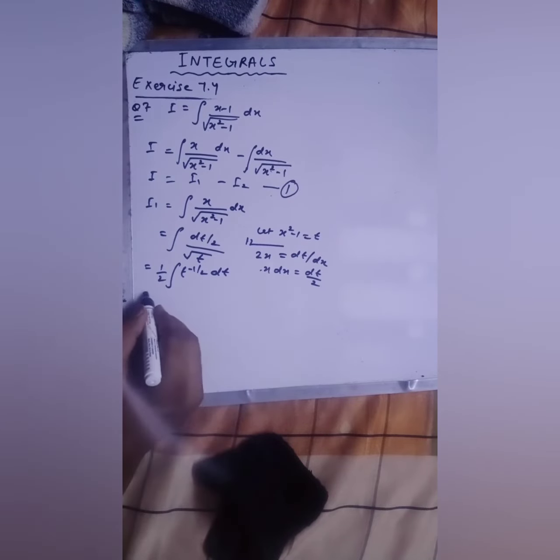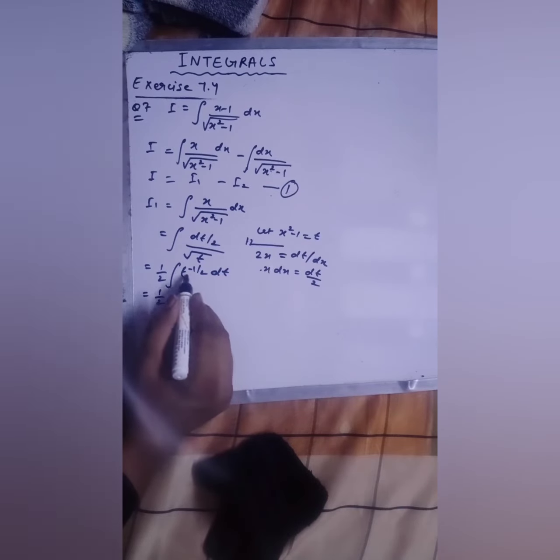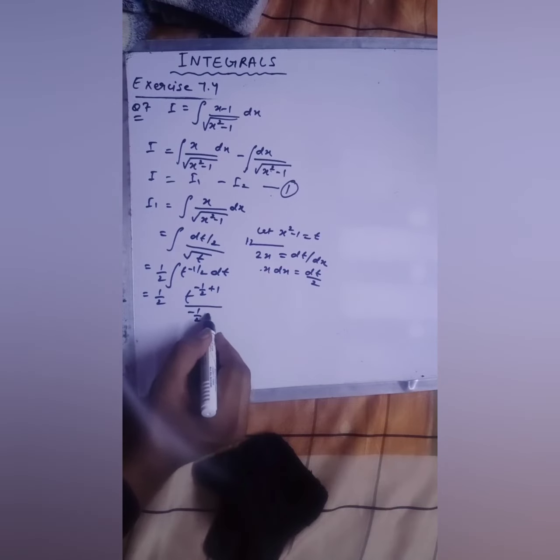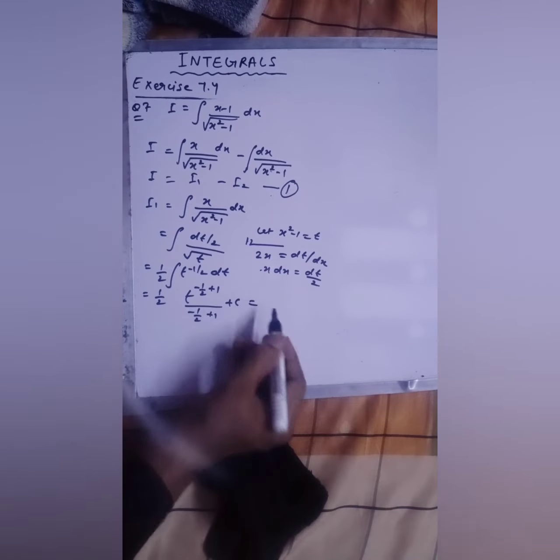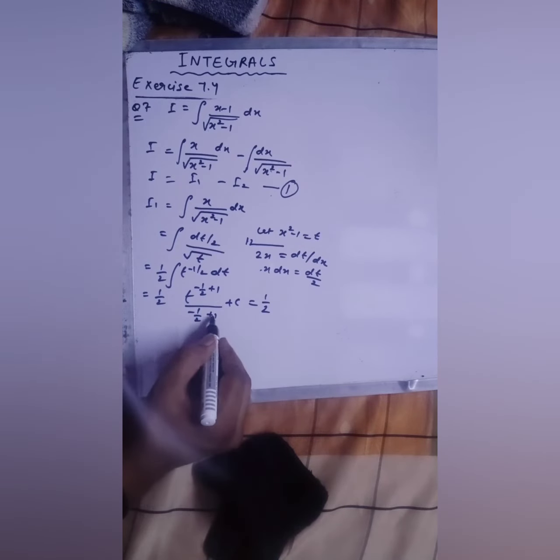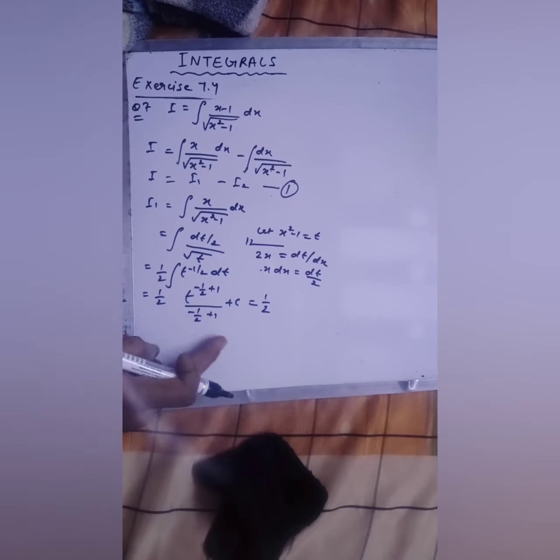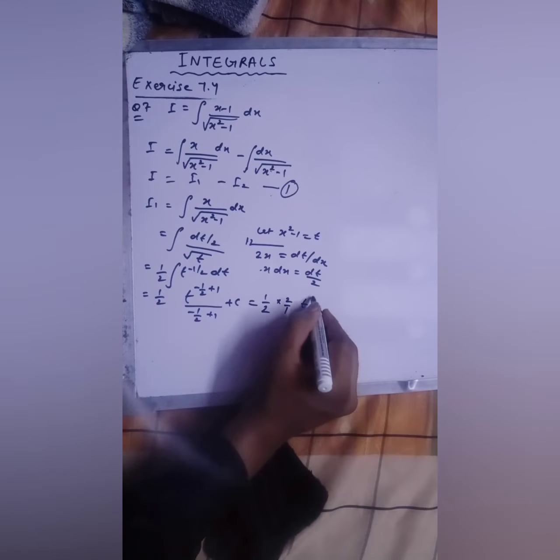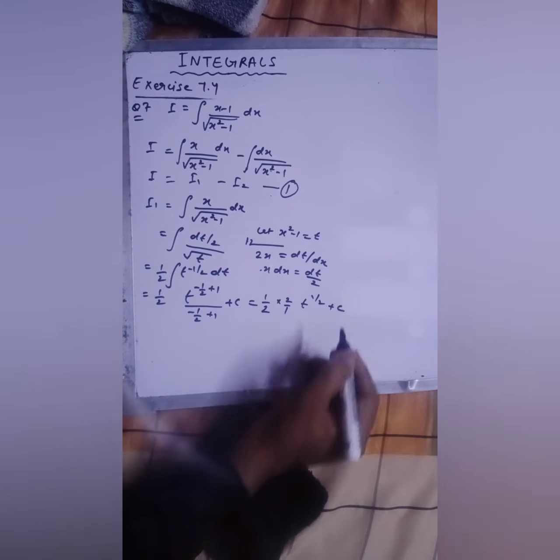Now the integral of this will be half into t raised to power minus 1 by 2 plus 1, over minus 1 by 2 plus 1, plus c. This gives 1 by 2 in the denominator, and when you solve it you will get 2 by 1, so t raised to power 1 by 2 plus c.